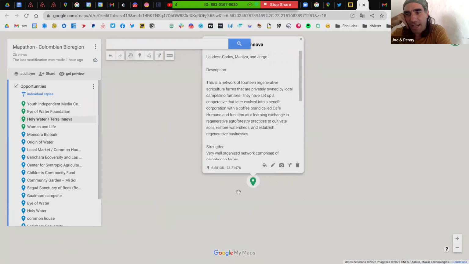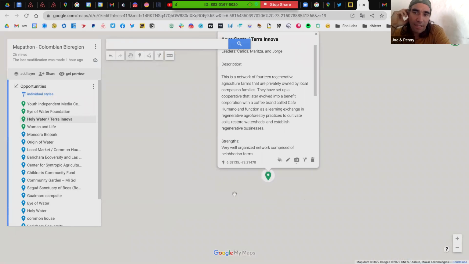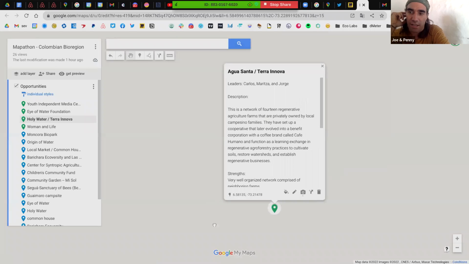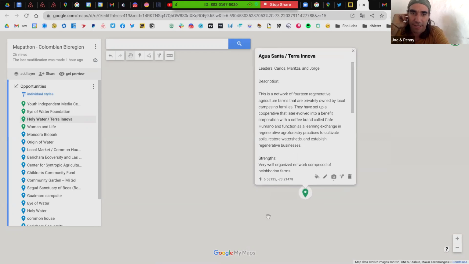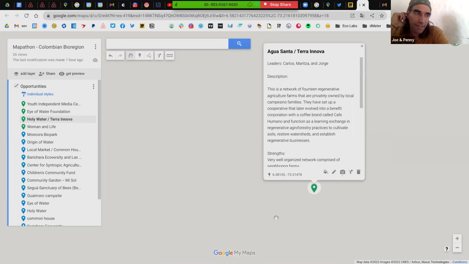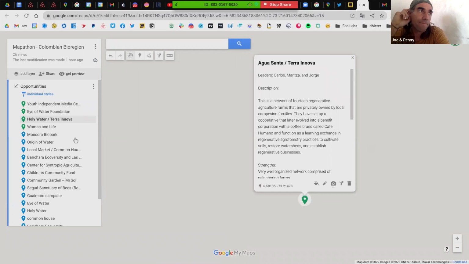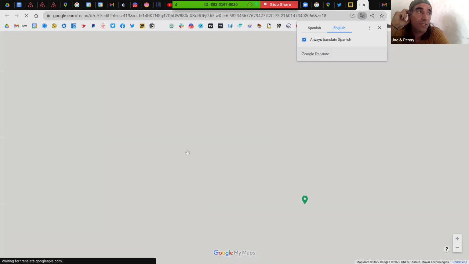So this one, Agua Santa, is operating at 2 levels. Terra Innova is a local nonprofit that manages the larger level, and Agua Santa is a single farm. Agua Santa is a 14-hectare farm that does regenerative agroforestry, watershed restoration, and is a community learning space for regenerative agroforestry and organic farming techniques, for biochar composting and soil building, and for watershed restoration.